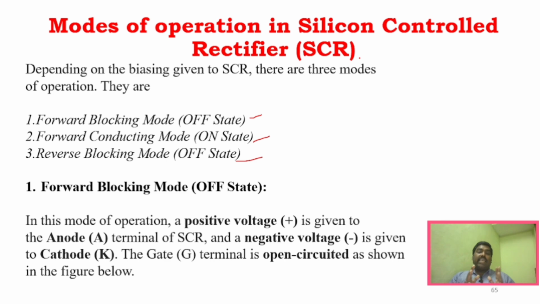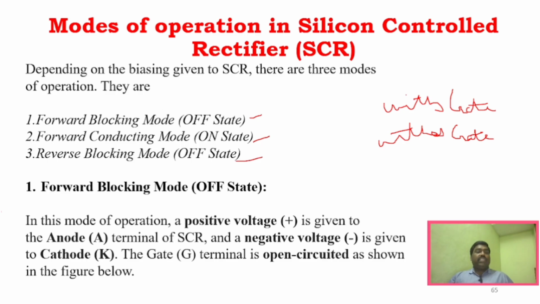To understand this operation, you consider only two things: one is with the gate, another one is without the gate. That is, whether we are going to give supply to the gate terminal or we are not going to give supply to the gate terminal. With that you can easily understand.